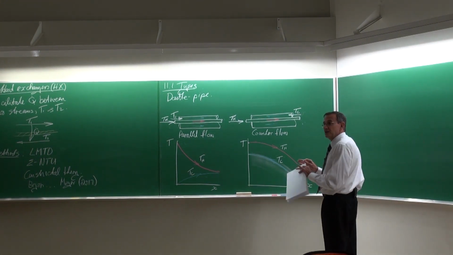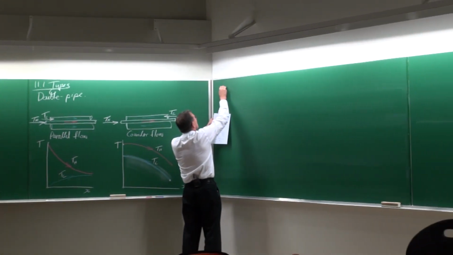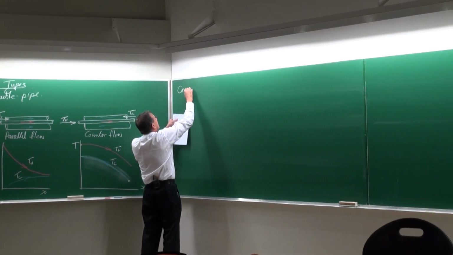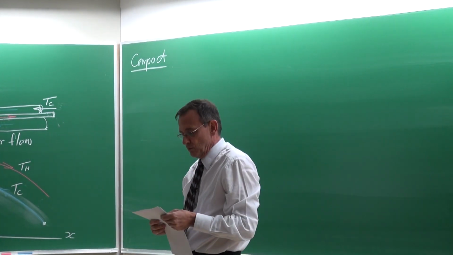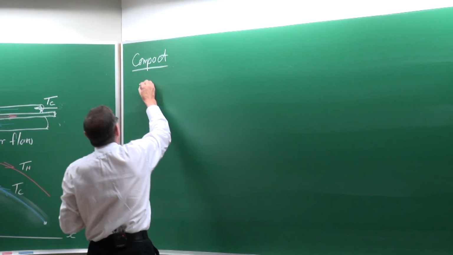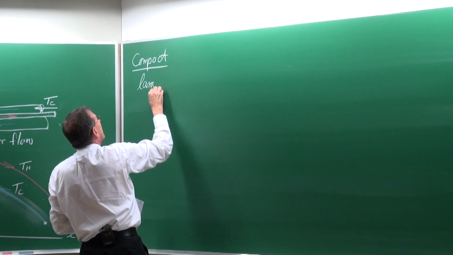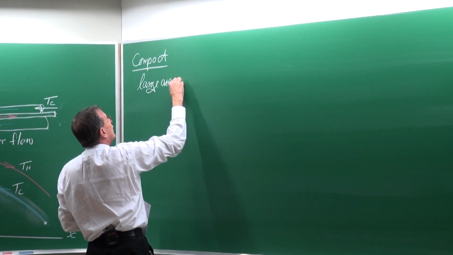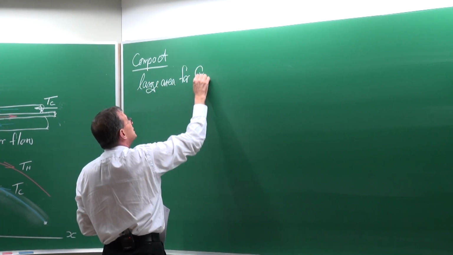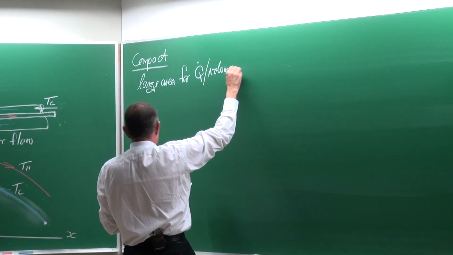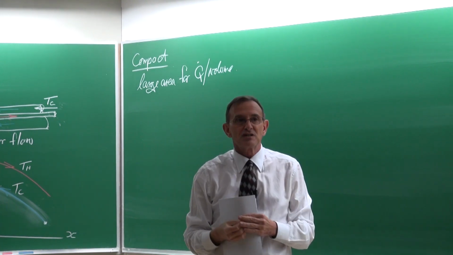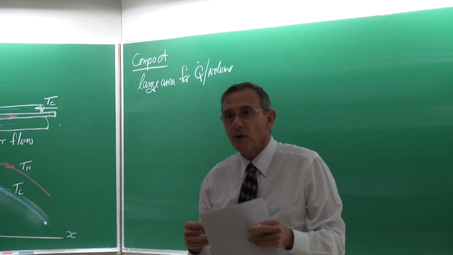Right, now something that is important with heat exchangers is to try to make heat exchangers compact. And by compact, we mean a large area for the heat transfer rate divided by the unit volume. That is specifically important in the motor industry.